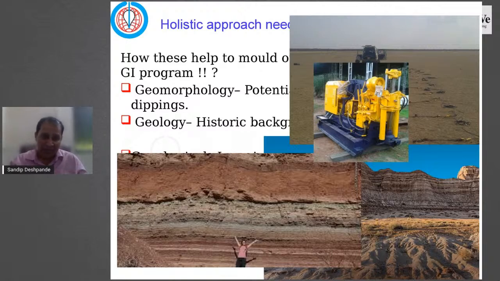Certainly, all the mathematical expressions and the mathematical inputs required for the structures come from geotechnical investigations, but the investigations get much stronger and more robust when they are coupled with the other 3G investigations comprising geomorphology, geology, and geophysical investigations.